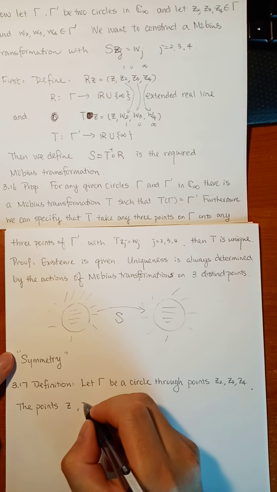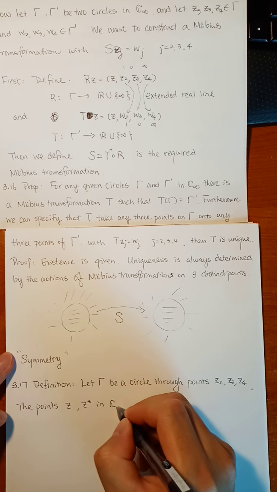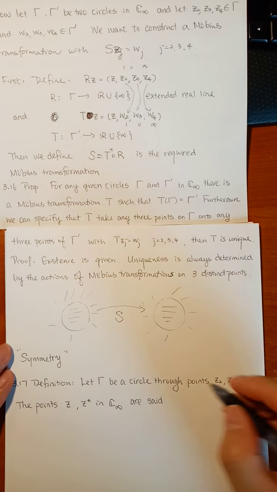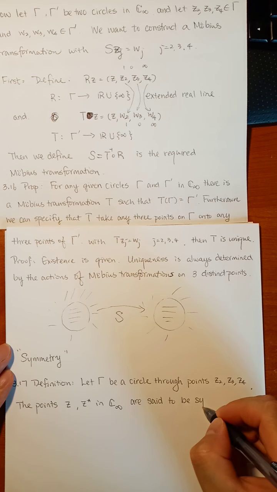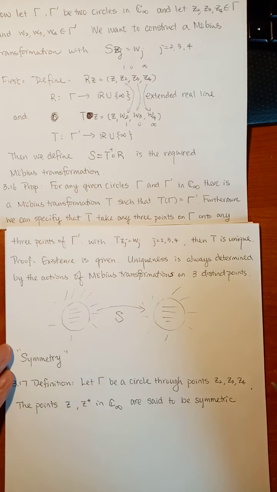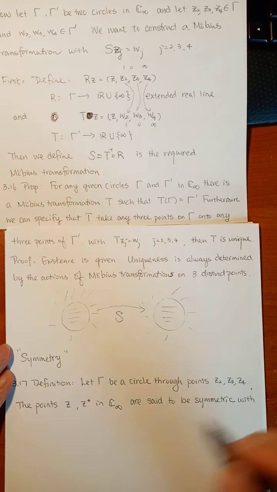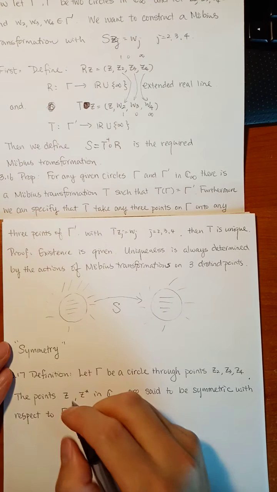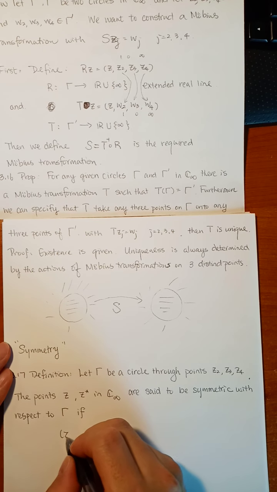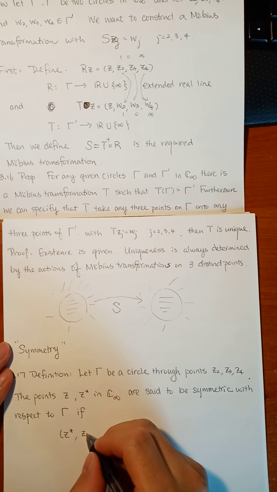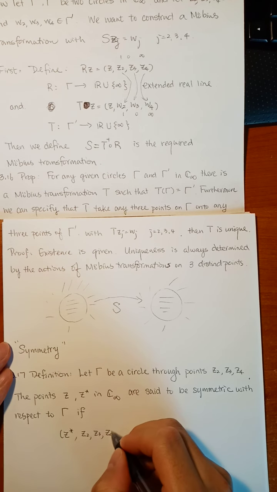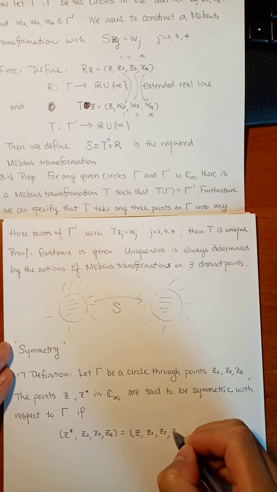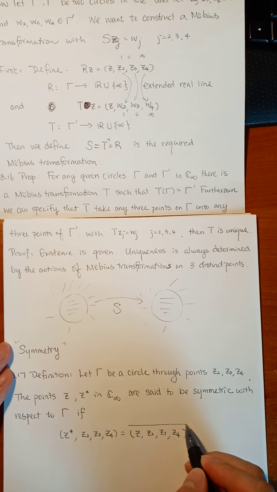The points z and z star in C infinity, a pair of points, are said to be symmetric with respect to gamma if the cross ratio (z star, z2, z3, z4) is equal to the complex conjugate of (z, z2, z3, z4).